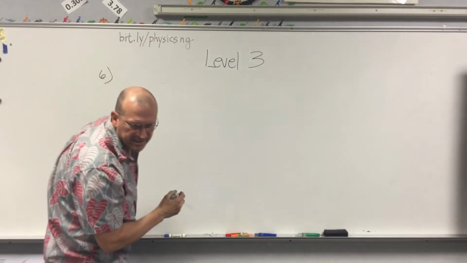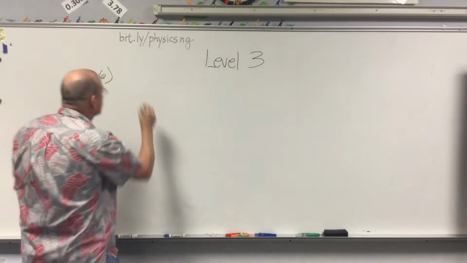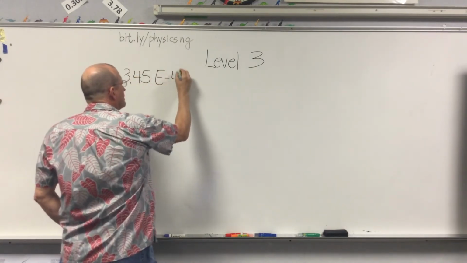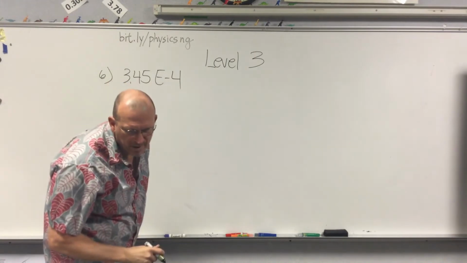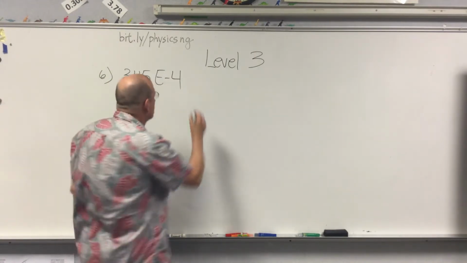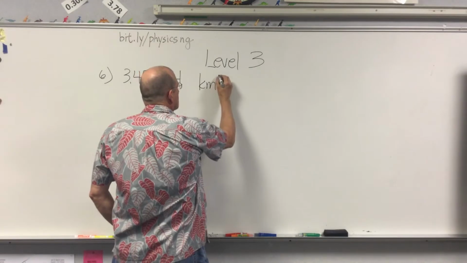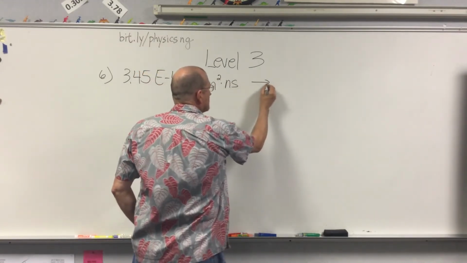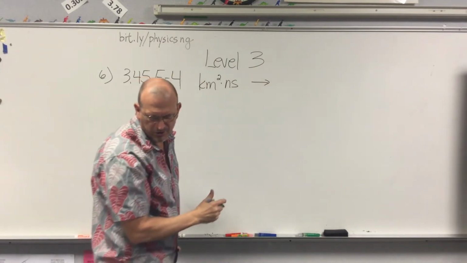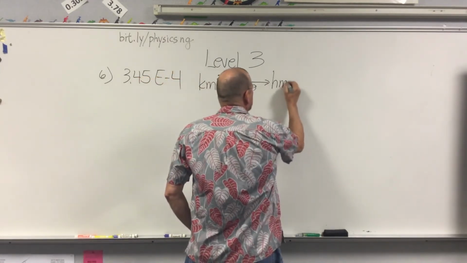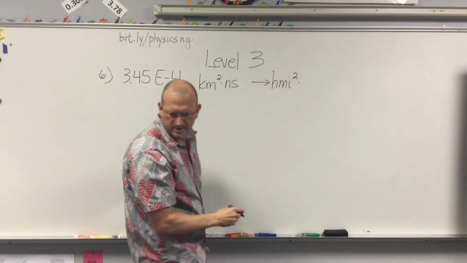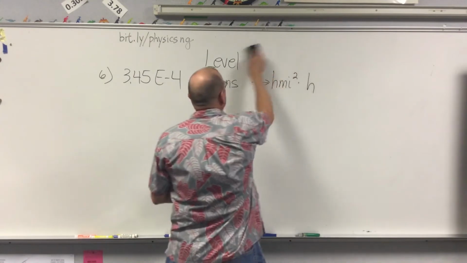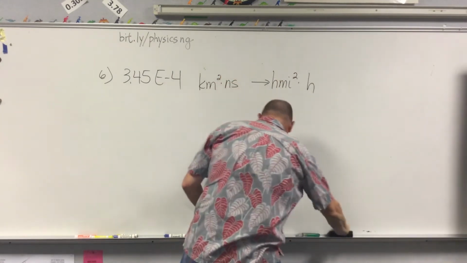And number 6 says we are going to start with 3.45 e negative 4, and we are taking kilometers squared times nanoseconds and converting that to hectomiles squared times hours.